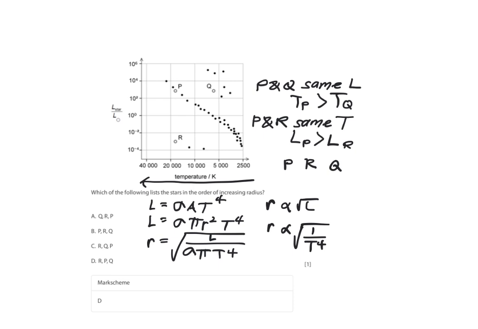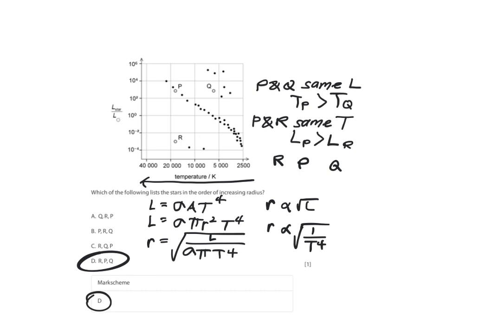Sorry, yes. P has a greater radius than R does. So in order of increasing radius, since P has a greater radius than R does, R is the smallest. Then P comes bigger than that. Then Q is bigger than that. So it's R, P, Q, which is D. Choice D.